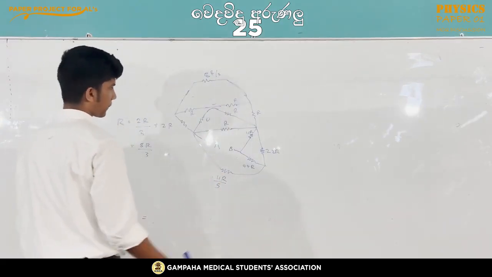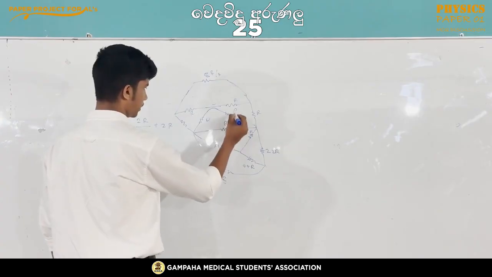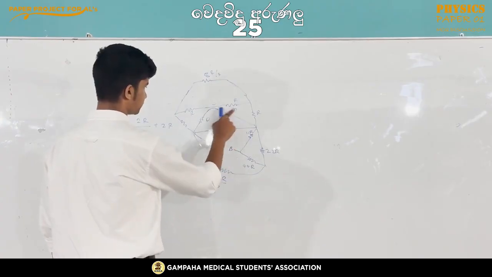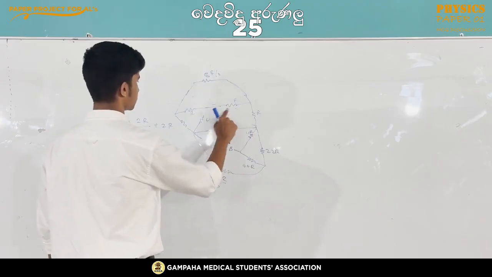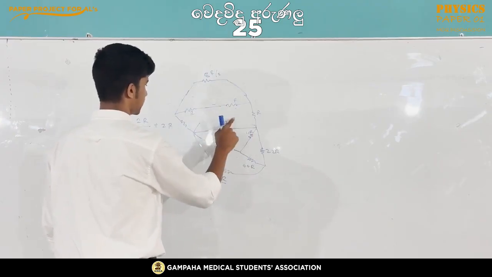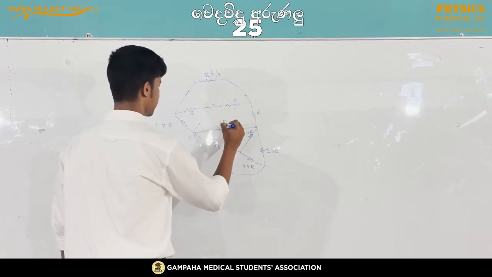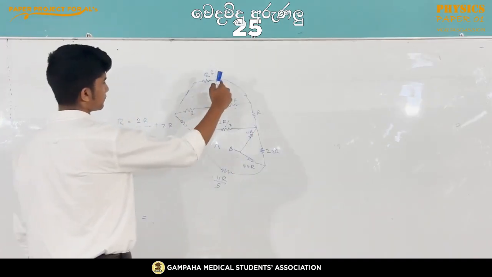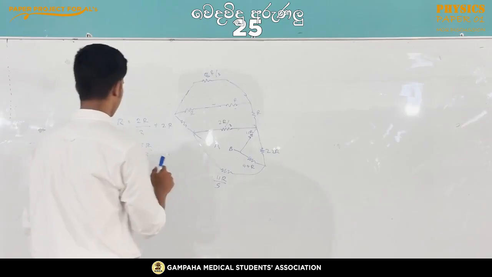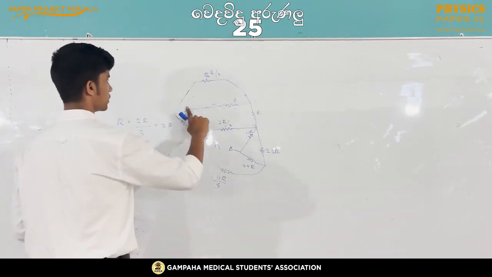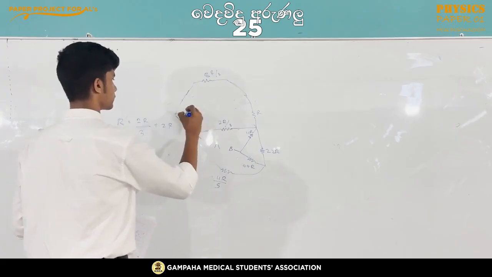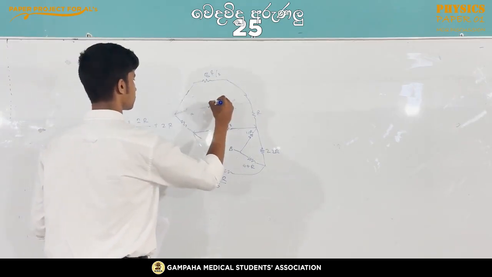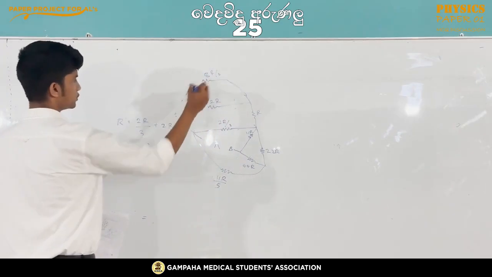Then once again, here we can consider that these two are in parallel, and this is 2R over 3, and then here these two are 2R. Then we can consider that this is 2R, and then these two are in parallel.